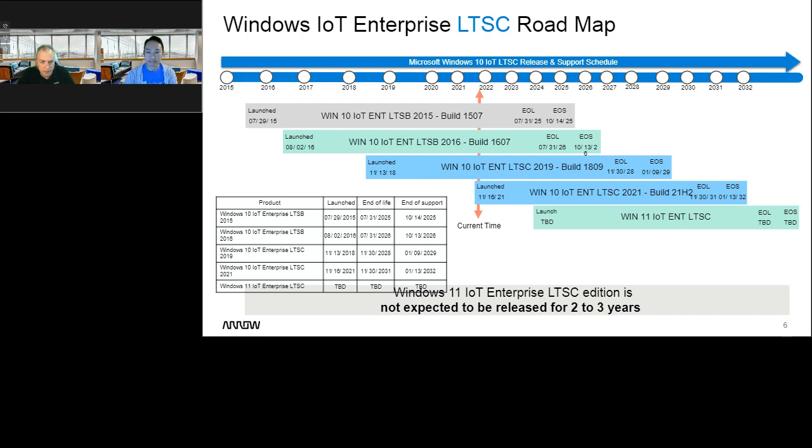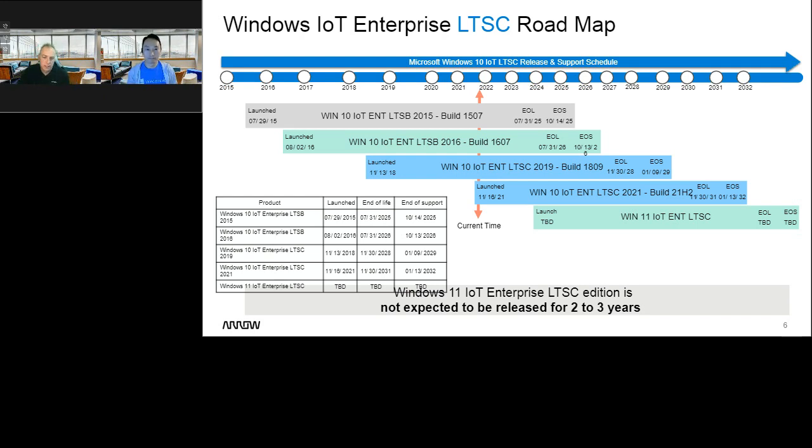So most all of our customers have moved on. 2016, there's actually a lot of customers still running that. I would almost say as high as 40%. And so a lot of those customers are ready to migrate to this newer 2021 and probably skip over 19. And then at the same time, we have a ton of people on 2019. And so they may hold on and wait for the Windows 11 version because the 2019 is so solid.